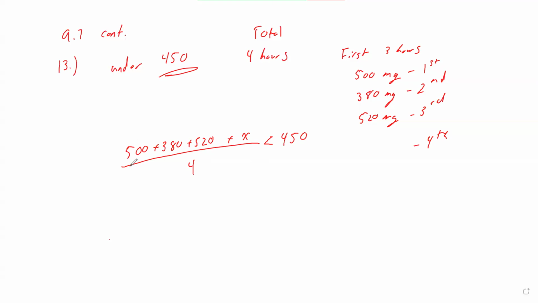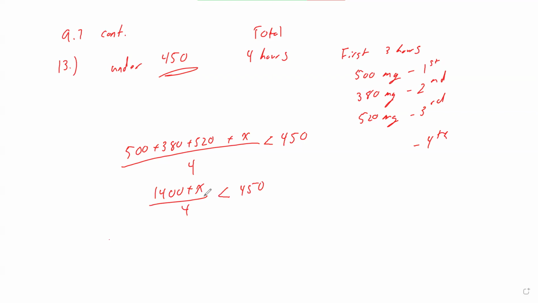So I will combine like terms. That's going to be 500 plus 380 plus 520, and I get 1400. So that'd be 1400 plus X divided by 4 less than 450.